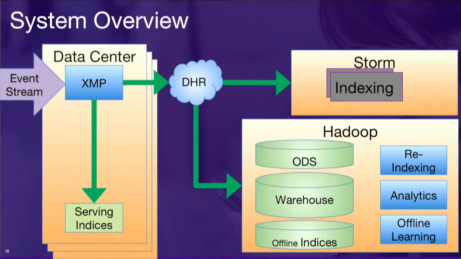There are analytical workloads, which are for metric reporting and monitoring the features. There are also some offline learning workloads for machine learning and data mining. All the workloads apart from the analytics workload ultimately create some sort of offline indexes which are then used for improvement of user experience of Yahoo Mail users.